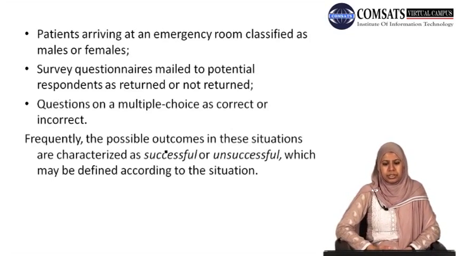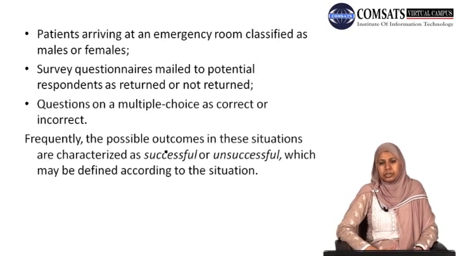For example, survey questionnaires mailed to potential respondents are returned or not returned. Again, this is an independent trial, and if one person has returned the questionnaire, it does not affect the possible outcome for another person. Similarly, for questions on a multiple choice test, as correct or incorrect: if the answer to the first question is correct, it does not affect the answer to the second question, which means it is an independent trial.